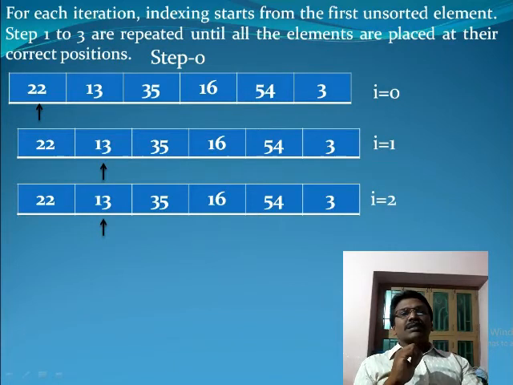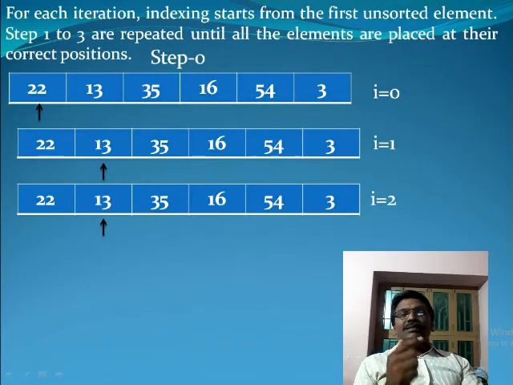The first iteration, step 0. As per the algorithm, I choose the first element as minimum, that is 22. That is the first iteration, where i equals 0.